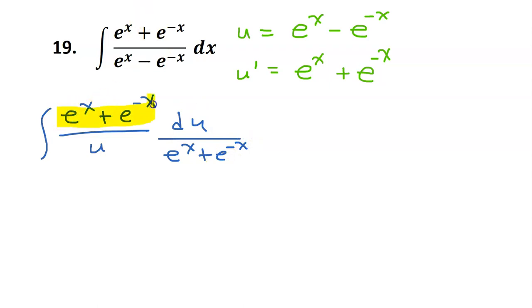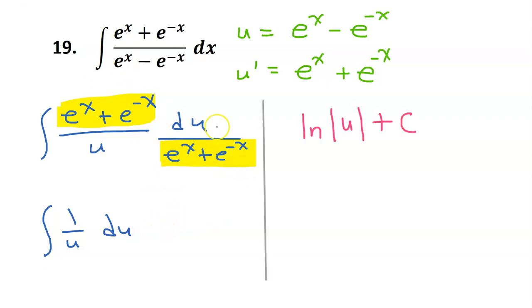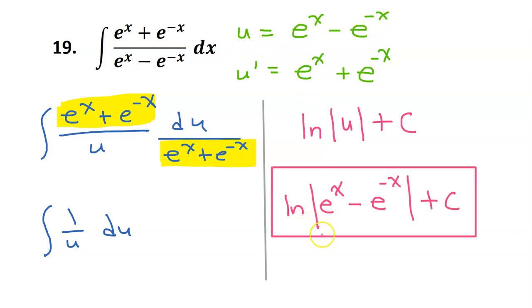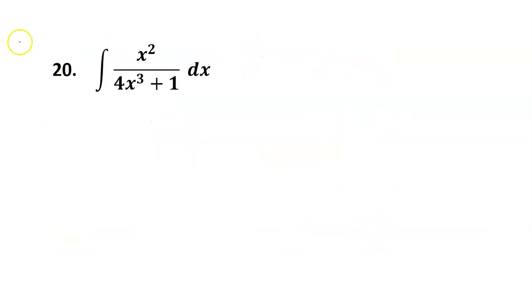Luckily, the numerator is the same as the denominator, so these will cancel each other out, and we end up with the integral of 1 over u du. And this is a memorized rule. This is the natural log of the absolute value of u plus c. Substituting e to the x minus e to the negative x back in for u, and we do have the final answer.